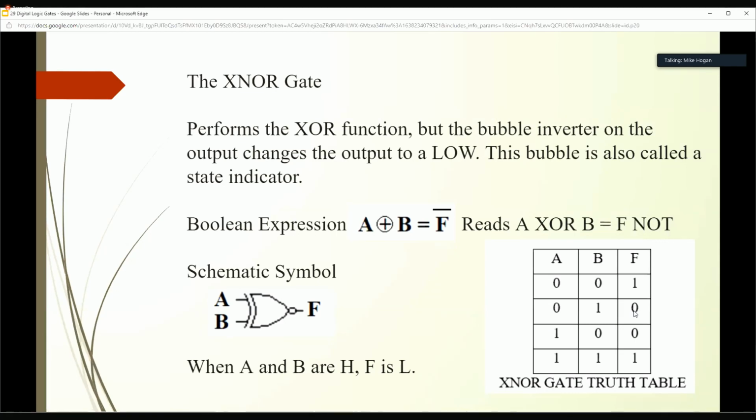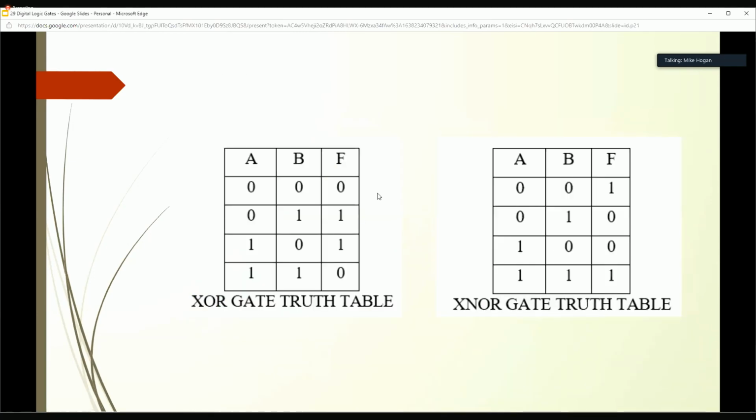A single 1 would typically be a 1 for an XOR, it's inverted, I get a 0. And then for the XOR we said if I get 2 1s, then I want a 0 out, but it's inverted for the XNOR, so I get a 1 out, right? You can see the difference in the tables here. 0 1 1 0 for the XOR, 1 0 0 1 for the XNOR.